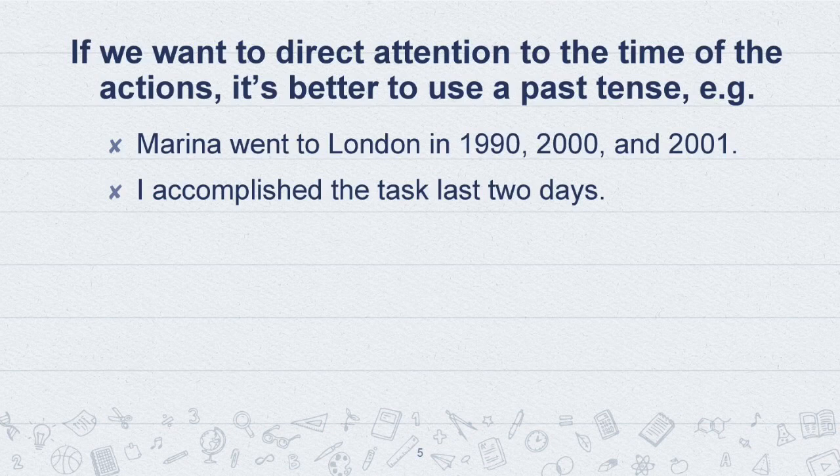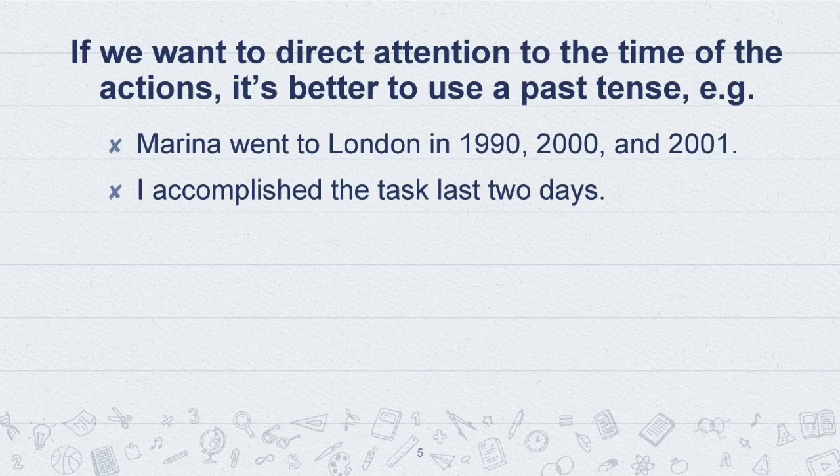Kedua kalimat tersebut lebih berfokus kepada kapan kejadian dilakukan. Kapan? With specific time. Pada kalimat pertama, Marina sudah pergi ke London tahun 1990, 2000, dan 2001. Jadi berfokus kapan kejadian dilakukan. Number 2.